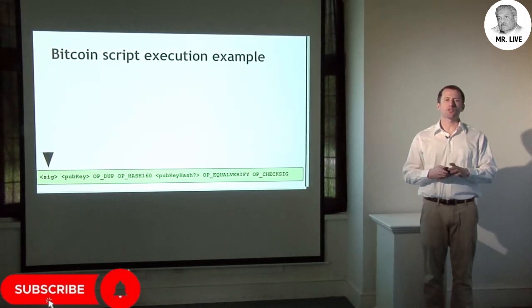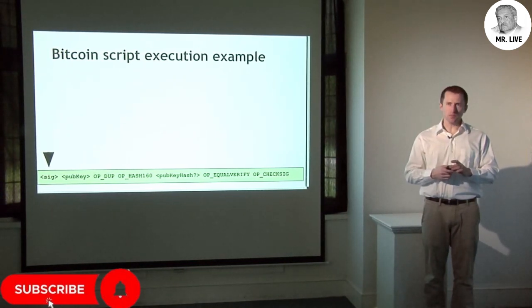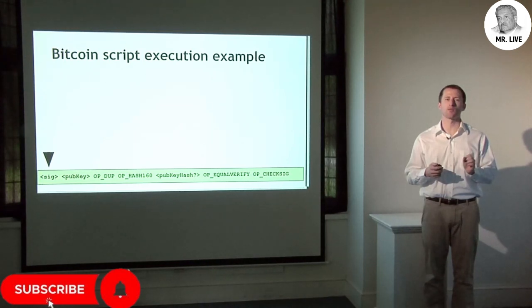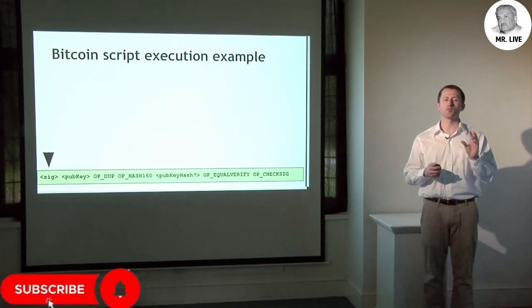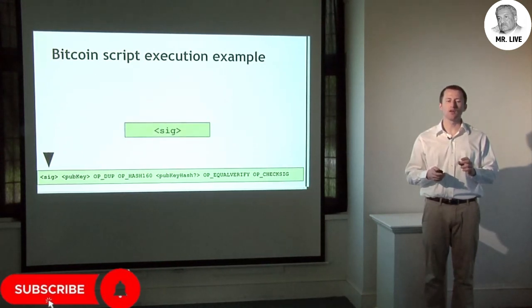So the first two instructions in this script are simply data instructions, like I said, and these are the signature and the public key used to generate that signature. And these were specified by the recipient in that script sig component or the input script. So executing data instructions is easy in a stack-based language. If you see data, you just push it onto the stack.